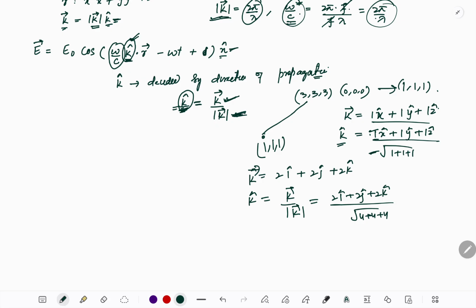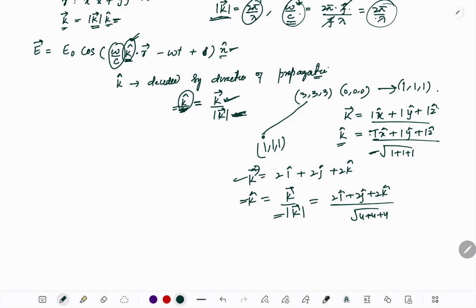So k cap can be found from the direction in which the wave is propagating, and they will tell you in the examination or in the question in which direction the wave is traveling. They'll give either two points or directly the vector. Then you do the given vector divided by its magnitude and find the k cap.